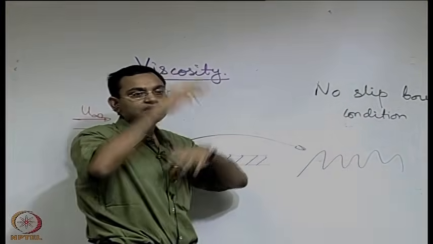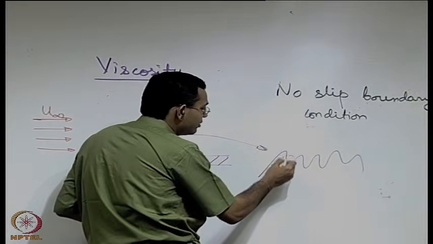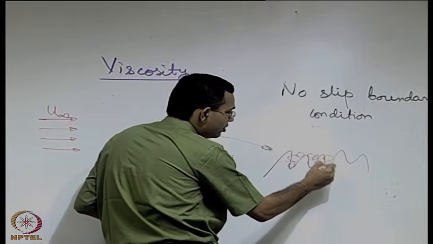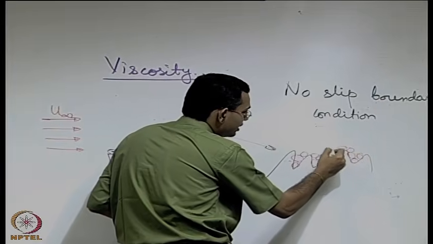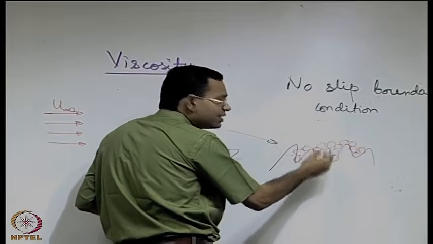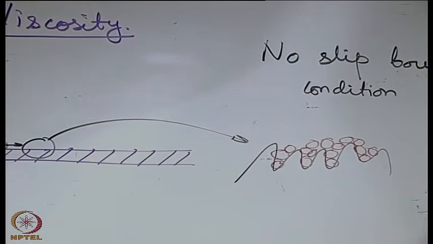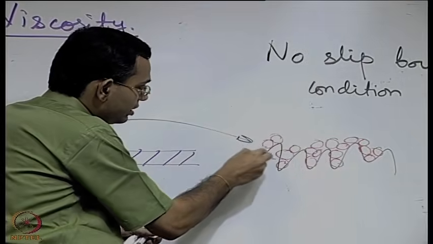It will have lots of peaks and valleys, and the molecules will nicely sit on these peaks and valleys. Some will be entrapped like this, and because of the compact nature, whatever is entrapped does not easily escape, and that will make us believe that yes, it will be a no slip boundary condition.